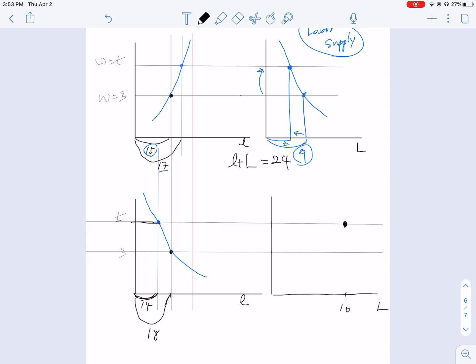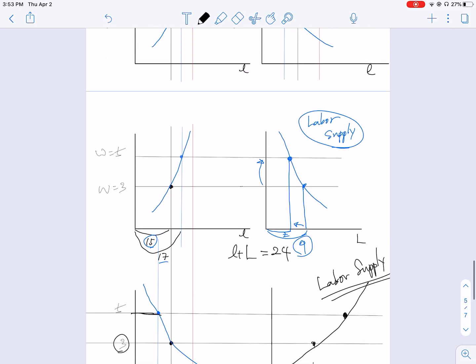On the other hand, when wage is $3, your leisure consumption is 18 hours. That means you have only 6 hours to work, right? So 6 hours to work here, right? So this is going to be the labor supply. Okay.